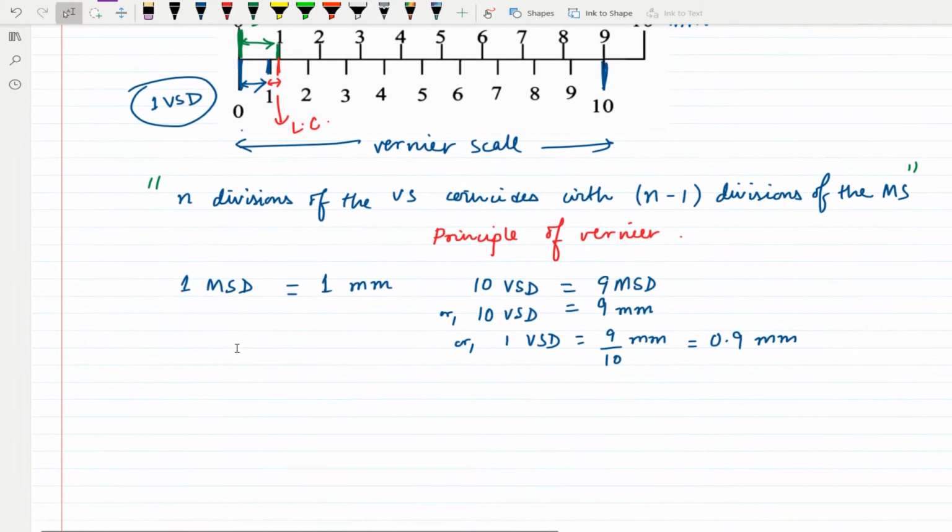Now we have the value of one main scale division and one vernier scale division.